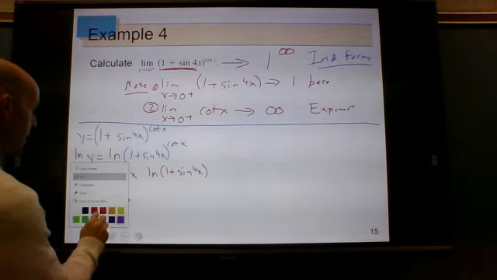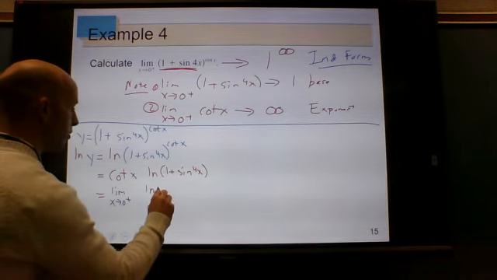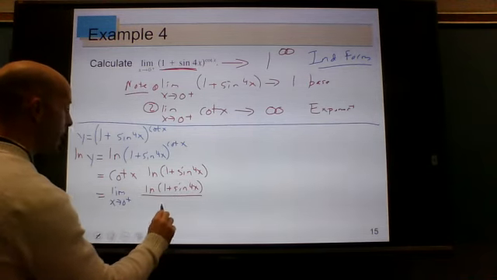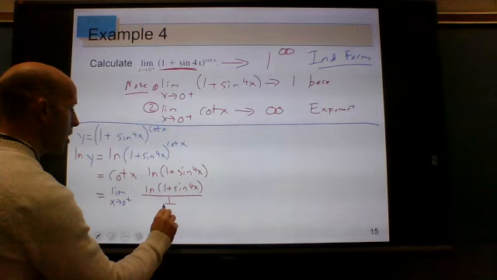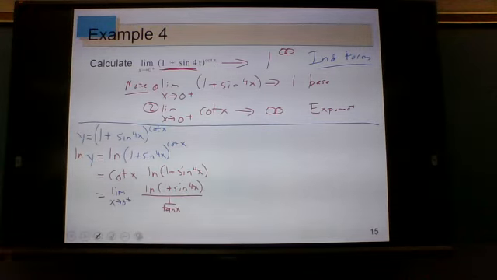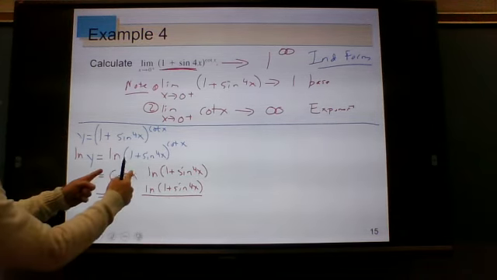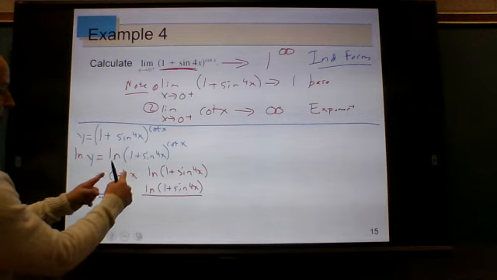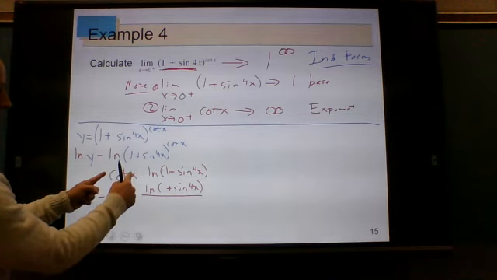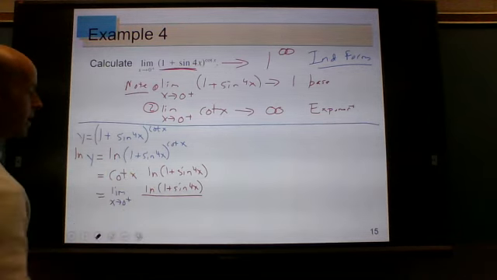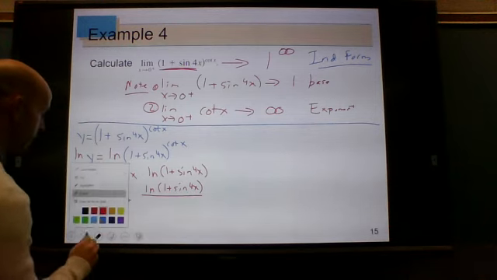So I'm going to leave the numerator as the ln of 1 plus sine 4x, and now the denominator I can think of as 1 over the cotangent of x. If I bring this down, this is cotangent of x. The reciprocal of that is tangent of x, correct? So when I bring that down to the denominator, it's just going to be tangent of x.